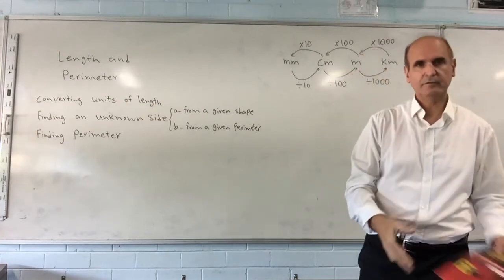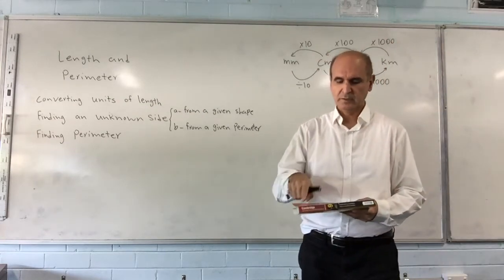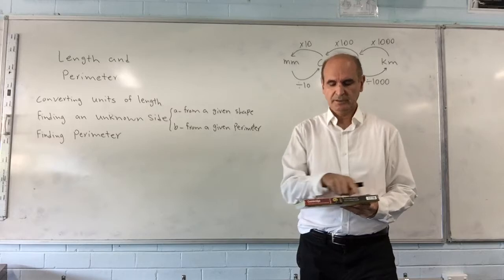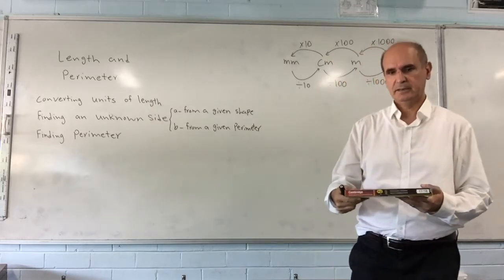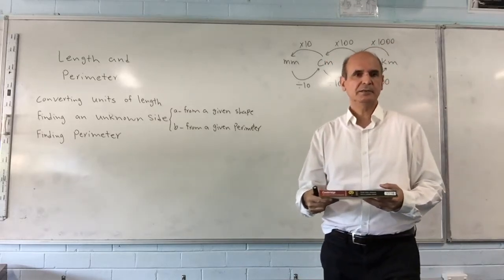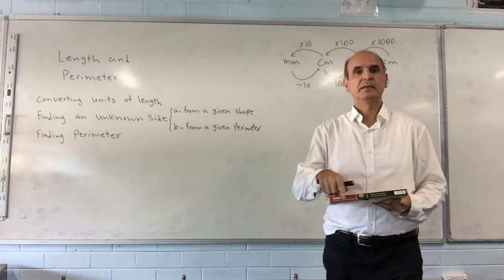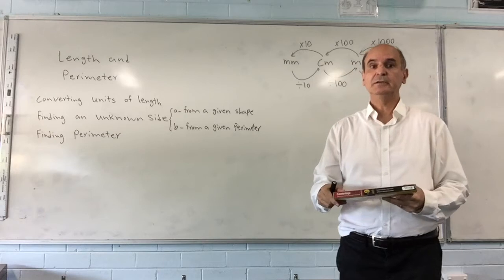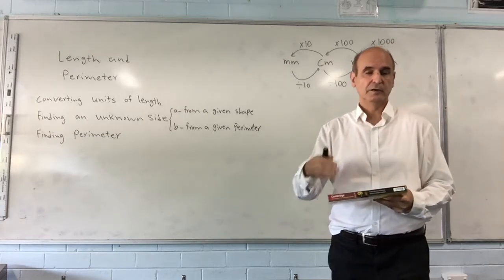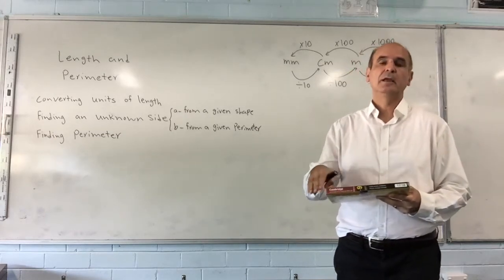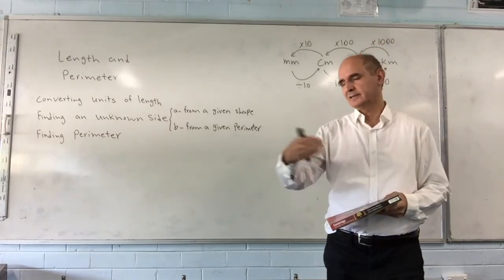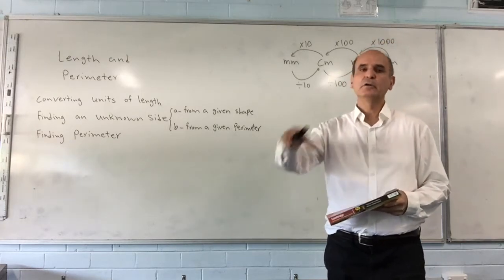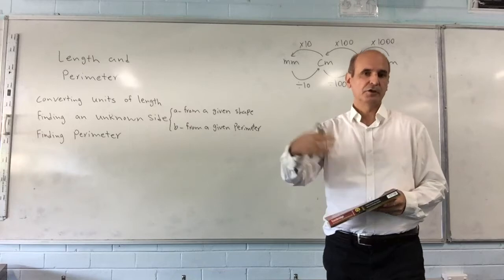For instance, if I have this book, this length in centimeters might be 25 centimeters, but in millimeters will be 250 millimeters. So if you're talking about the same length, if you're using a smaller unit, the number will be larger and vice versa.